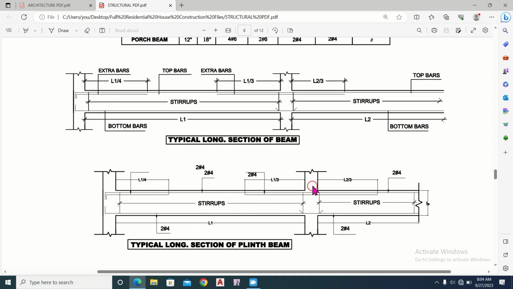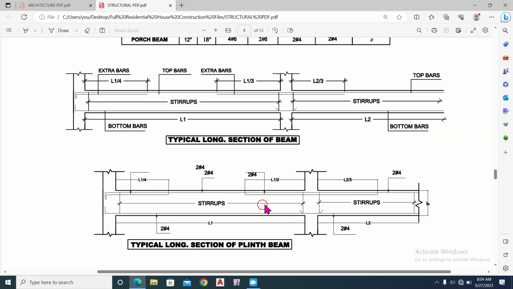The plinth beam is continuous here at this support, and the reinforcement detail is that here we have to provide the top extra bar, and we get its length by dividing this length by 4.